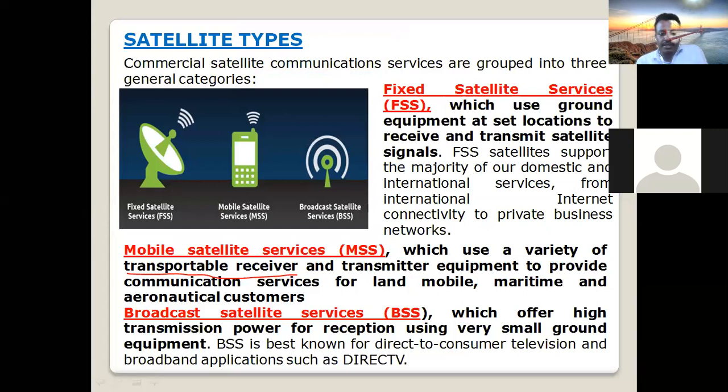Finally, we have a satellite service called broadcast. In this case, each customer directly accesses the satellite with a small ground antenna. In your house, you access satellite TV channels by putting one small dish antenna on your roof, right?